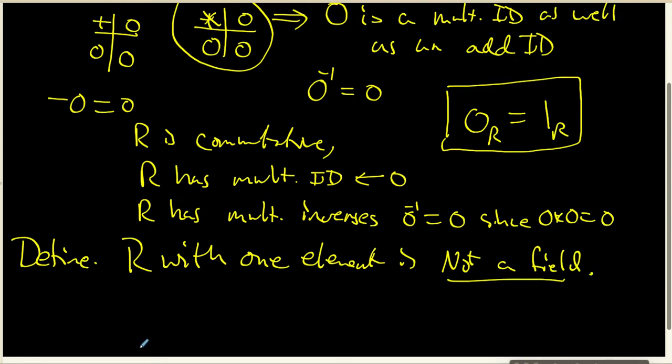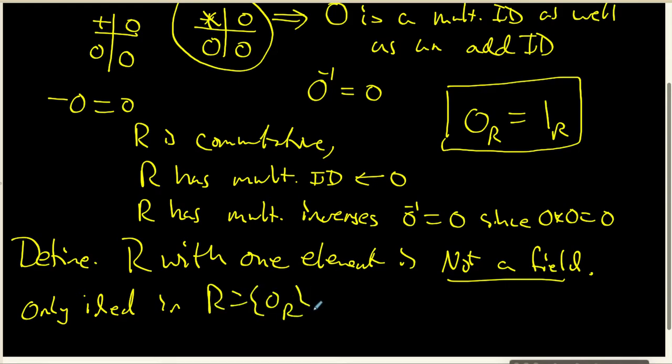So when we want to start crafting the converse of our theorem, we need to keep in mind that the ring with one element is a commutative ring, and it has a multiplicative identity, and it has multiplicative inverses, and the only ideal in the ring with one element is the ring itself, which is also equal to the zero ideal.